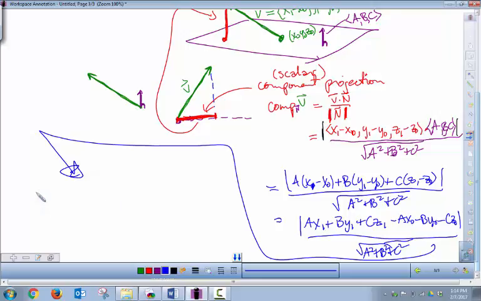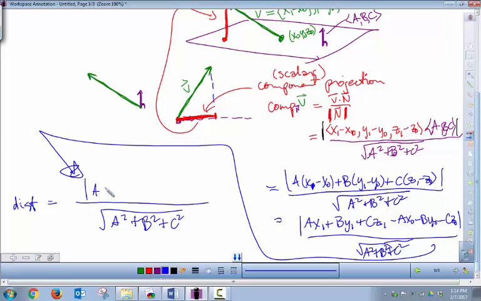All right, here's what I want to do. The distance, I want to write the final formula. I know that the denominator is going to be the same. The numerator has an ax1 plus by1 plus cz1. And then now if I take out the negative sign over here for all three of these, I have ax0 plus by0 plus cz0, where x0, y0, z0 is a point on the plane, and a is a normal.